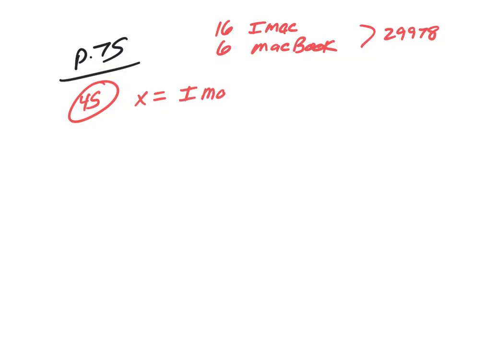So I'm going to say X is the iMac's cost. How much does it cost for an iMac? We don't know what it is, so we're just going to use X. That's one of our goals to find. What would be an expression for the MacBook Pros? X plus 600. Good. Whatever that is, it's 600 more than that.